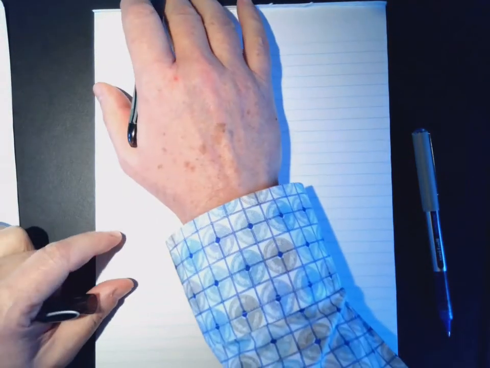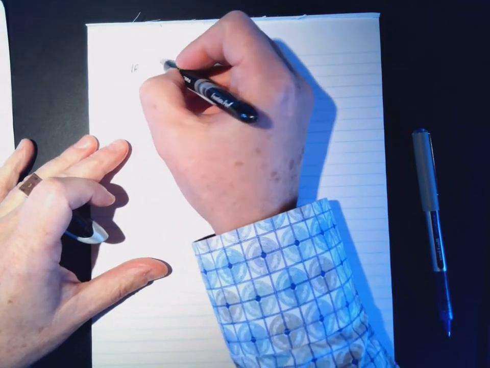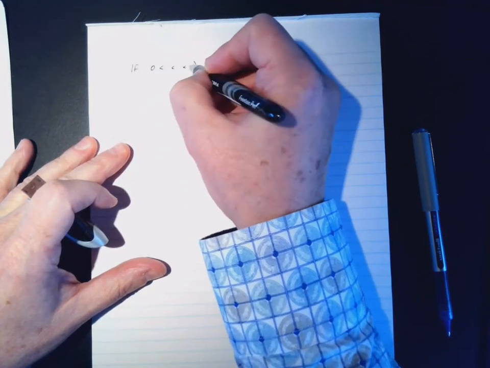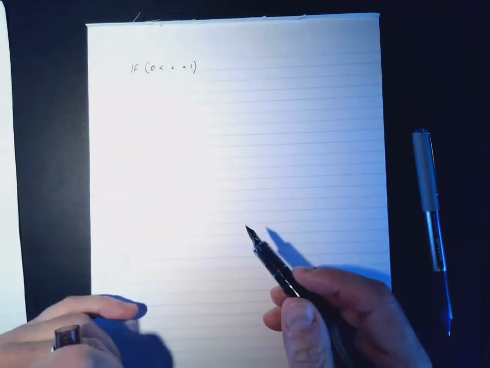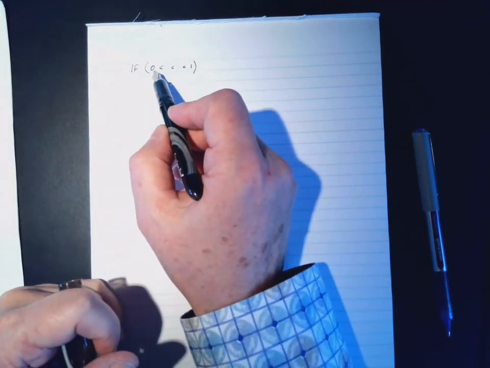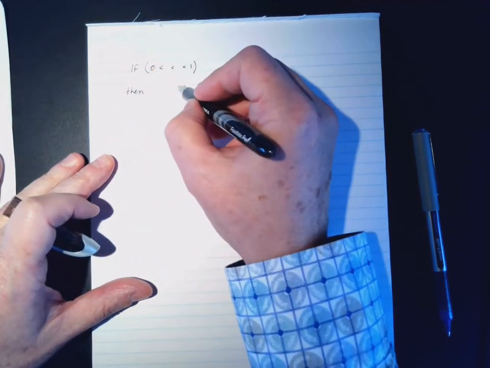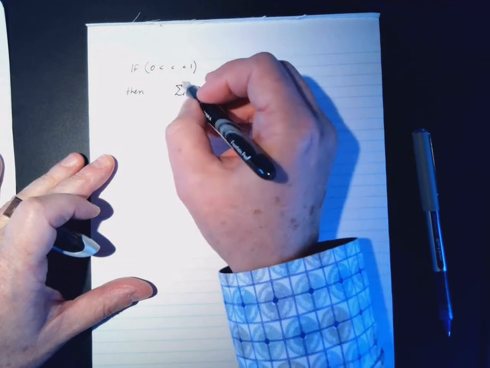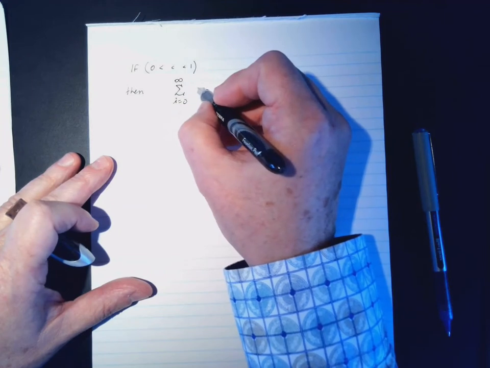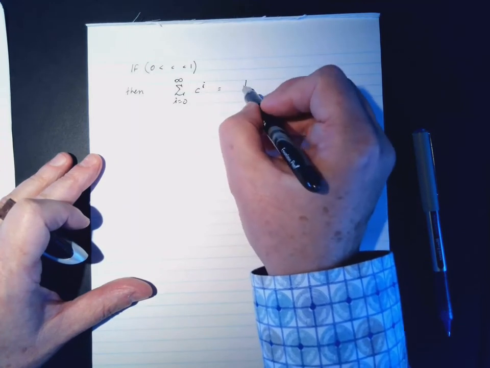Here's the little mathematical trick that I want to show you: if you have a constant c, and c is strictly between 0 and 1, so c cannot equal 1, it has to be less than 1, and it can't equal 0, it has to be greater than 0, but it can be between those two numbers, then if you take the sum from i = 0 to infinity of c to the power of i, that equals 1 over 1 minus c.